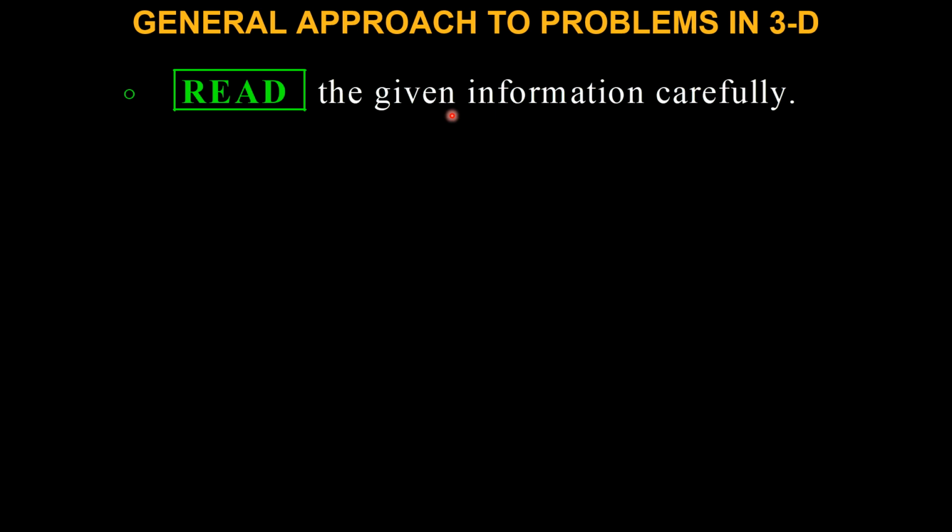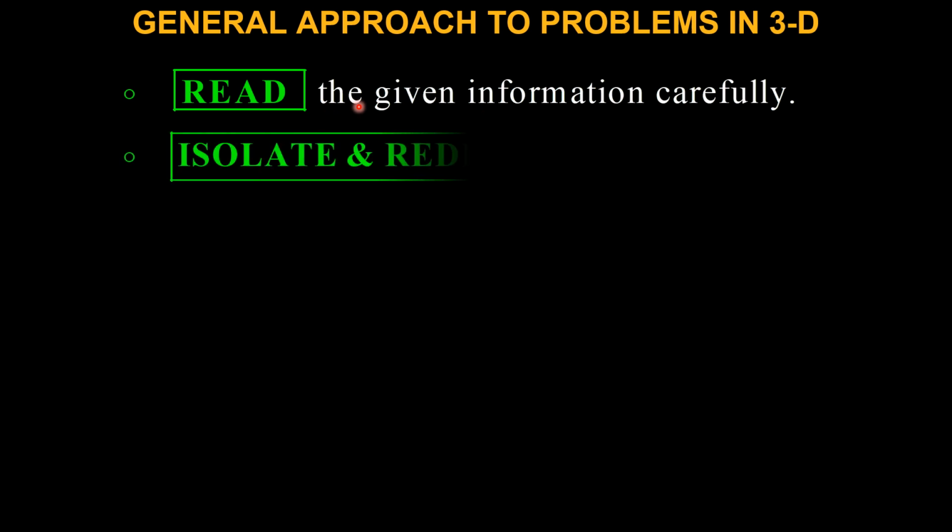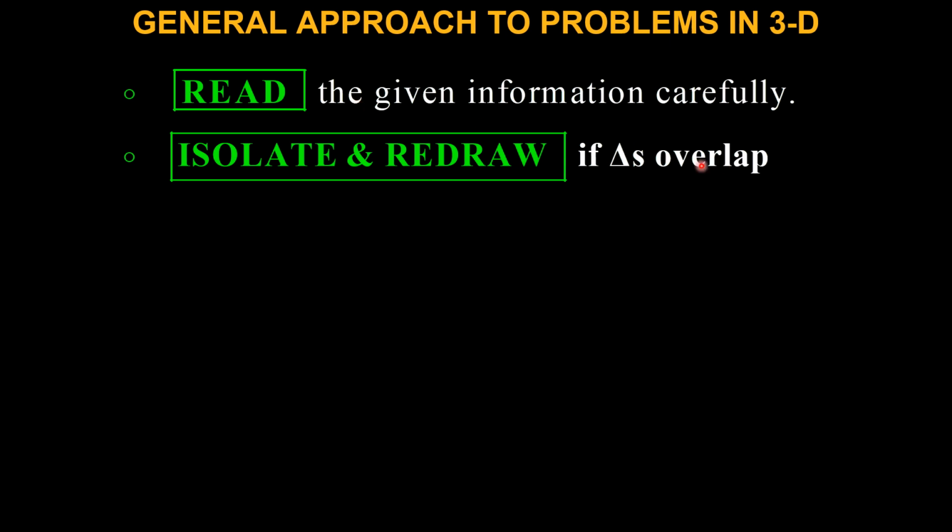Now let's look at a general approach to problems in 3D. First of all, in these types of problems, it's always important to read the given information. Whatever information is given needs to be used. No information will be given if it's not needed in the solution of the problem there. Next, looking at our diagrams, if you have triangles overlapping or the one triangle is maybe behind the other, then you have to redraw them.